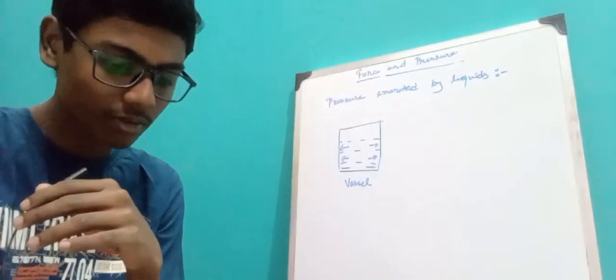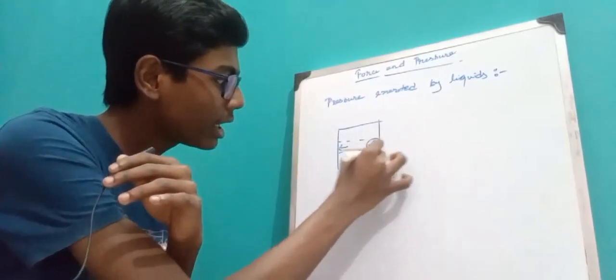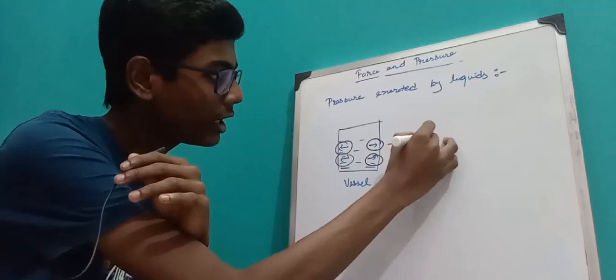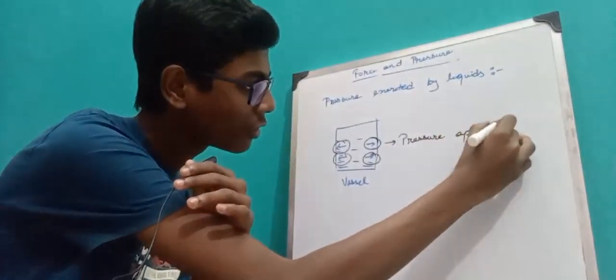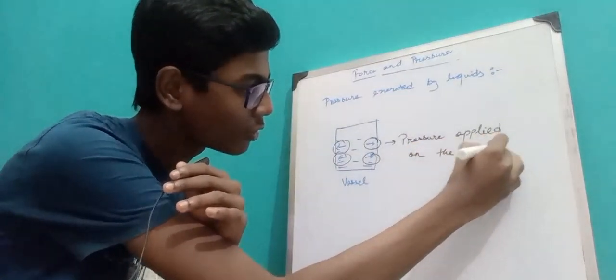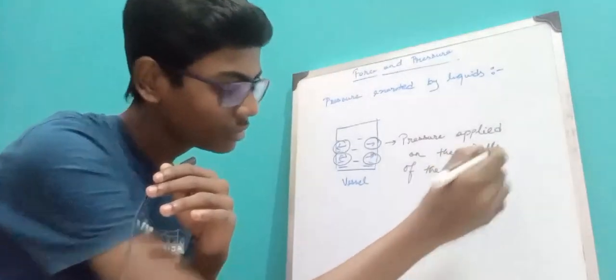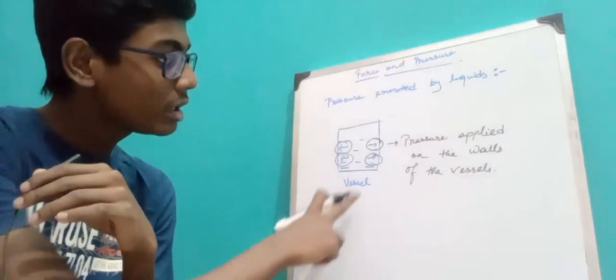These arrows represent the pressure applied on the walls of the vessel.